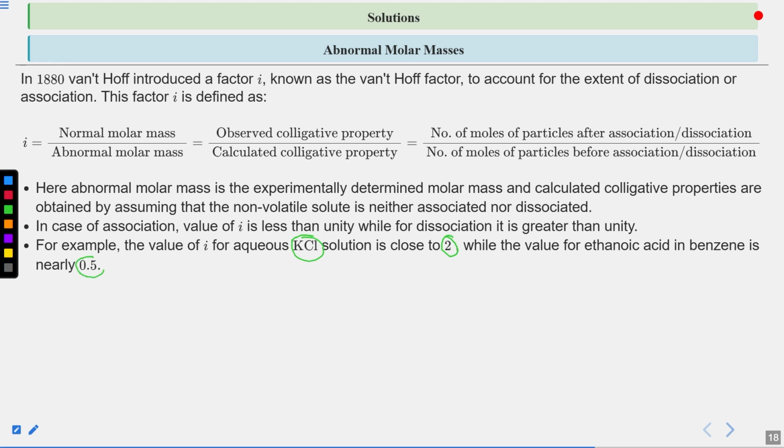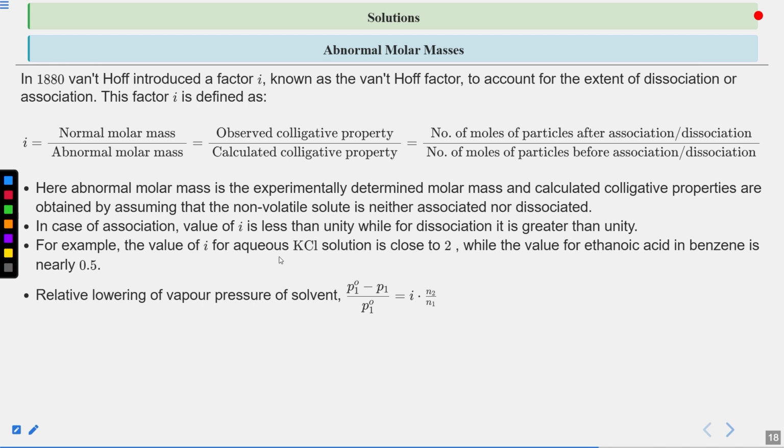Again, there will be some deviation, as this dimerization occurs to a larger extent but not wholly. So it will be closely related to 0.5. Yes, we will see more examples of association in our question part.